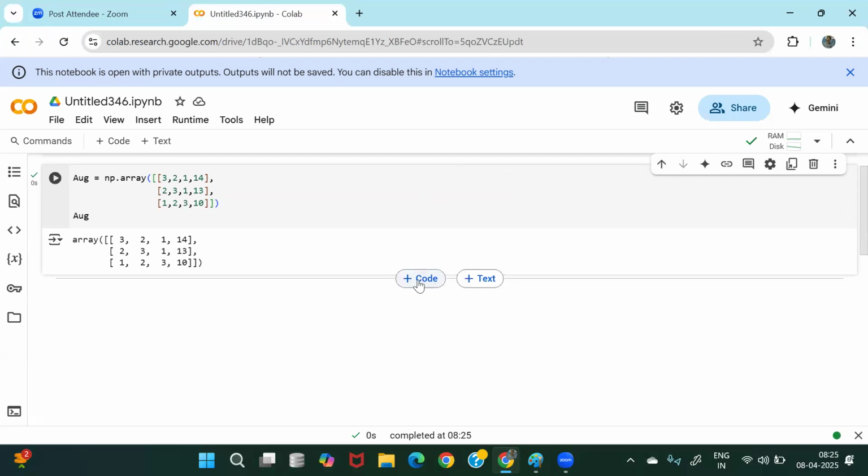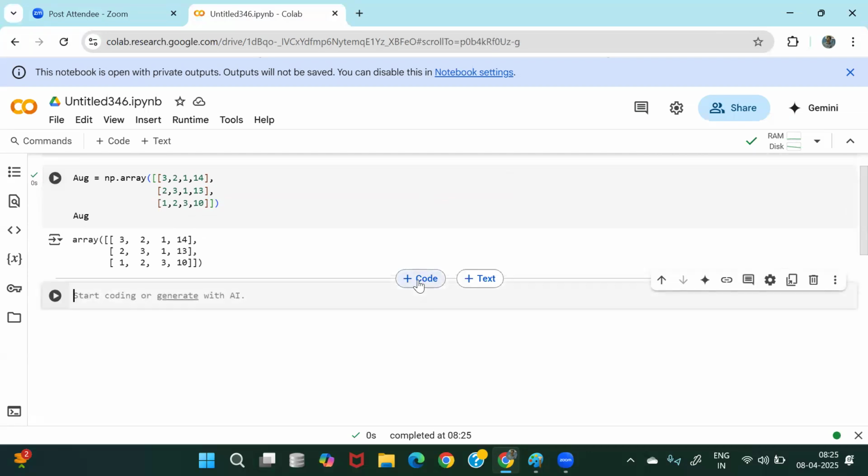Now, elimination of coefficients of x1 from the second and third equations. So what do you eliminate? You eliminate a21 and a31. So you know the respective operations.